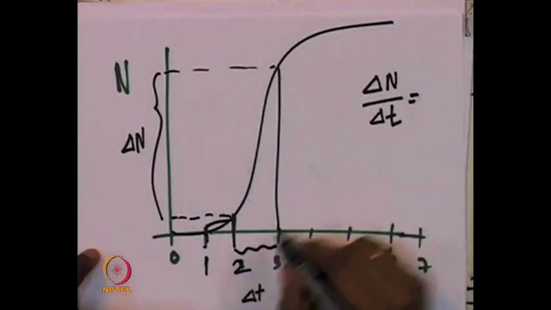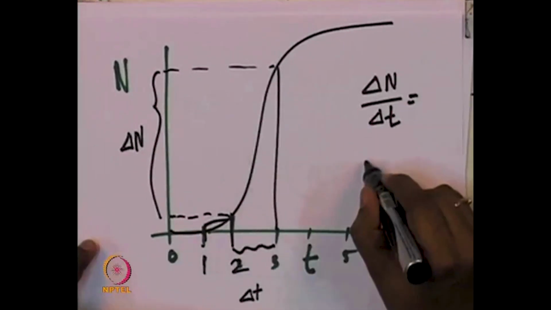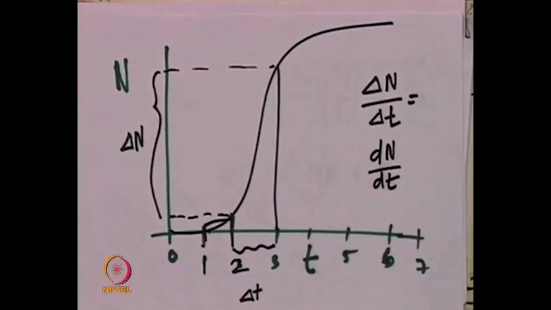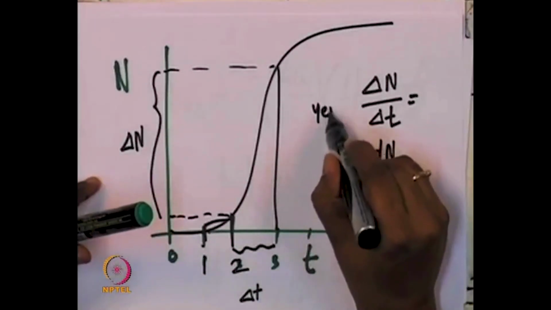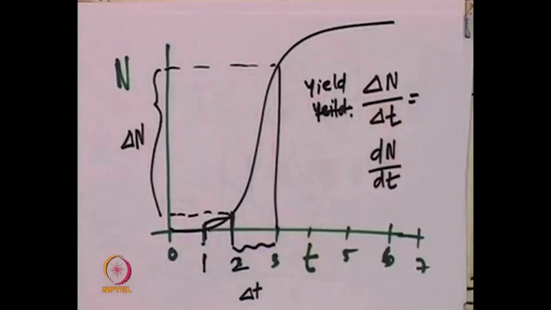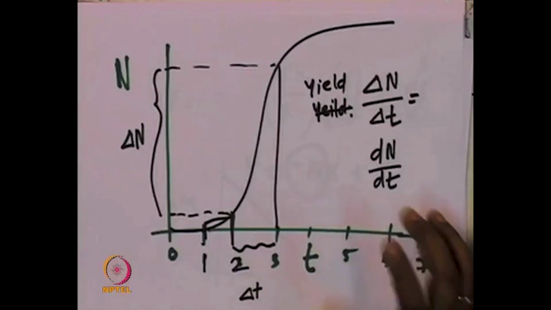In other words, when delta t is very small, I can call it dN by dt, the yield. So this is the dN by dt. So the slope or the derivative gives you the yield.